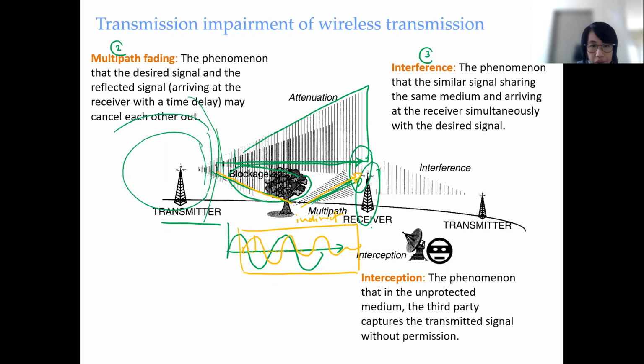Sometimes, for example, maybe here, this is a negative value of voltage, right? And then when they combine with each other, the output may be very low power. So for this one, maybe it's very low. What I mean is that when the receiver receives more than one signal, it will combine or maybe cancel each other.